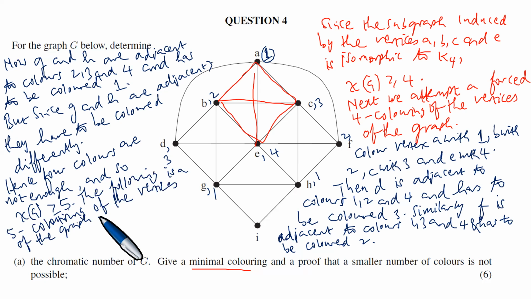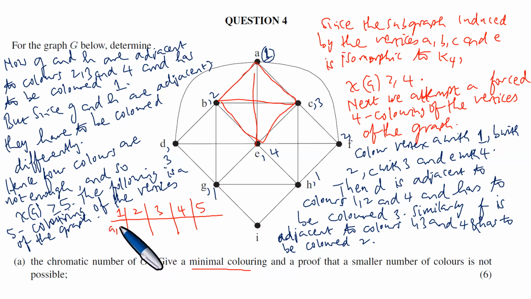Right. So how would a 5 coloring look like? You'd have this table here, and then you have color 1, 2, 3, 4, 5.